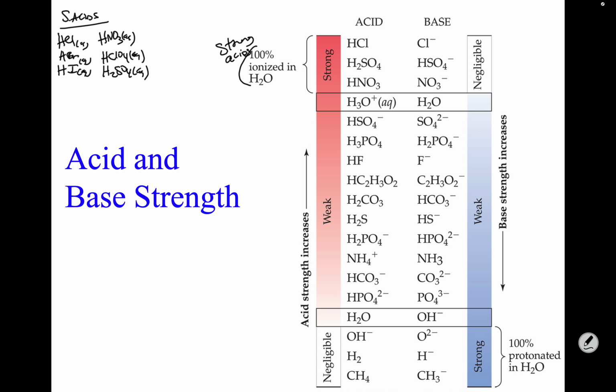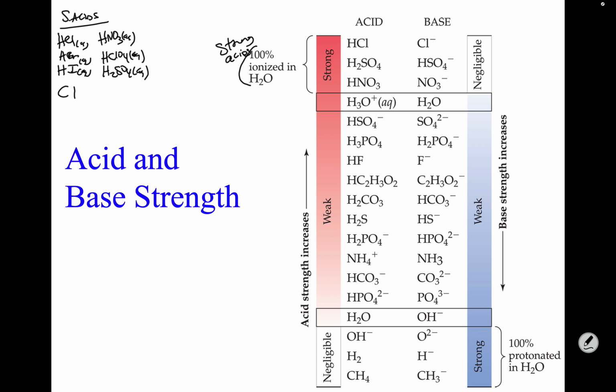Therefore it's equilibrium. So what this chart is showing are acids and conjugate bases. So my acid HCl, what would be the conjugate base? Cl minus. What does negligible mean? Does it count if it's negligible? No, it doesn't count. So that means the conjugate base of strong acids are not basic.